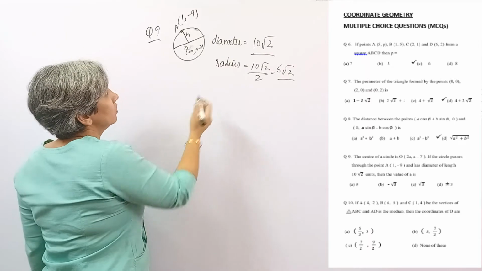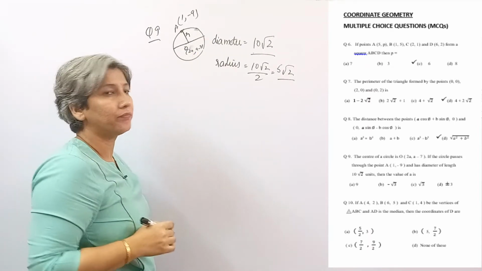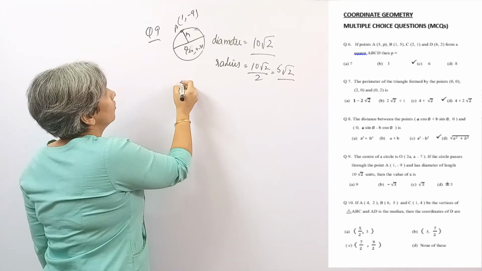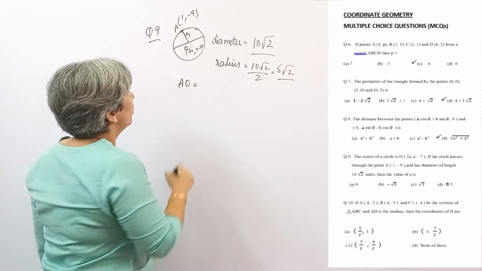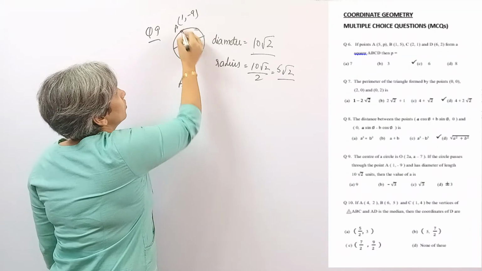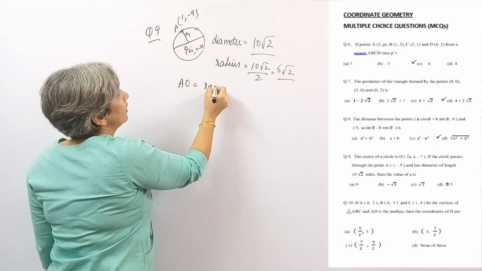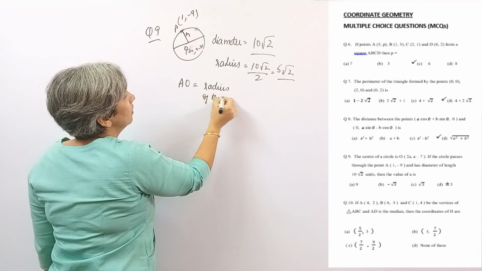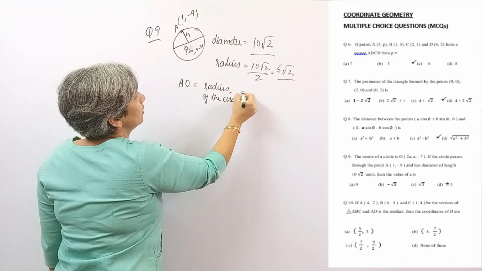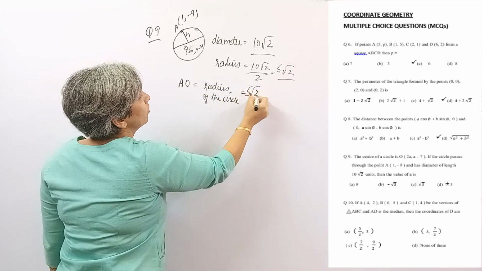So we'll solve it and find the value of a. What is AO? Distance AO is equal to radius of the circle, equal to 5 root 2.